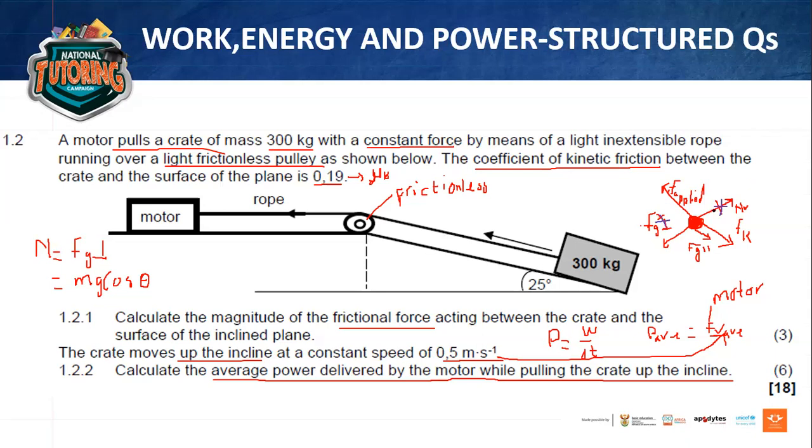These two forces are balanced perpendicular to the incline. So the net force of the normal force and FG perpendicular gives me 0. So the only forces that I'll have to look at are the forces that are acting parallel to the incline.